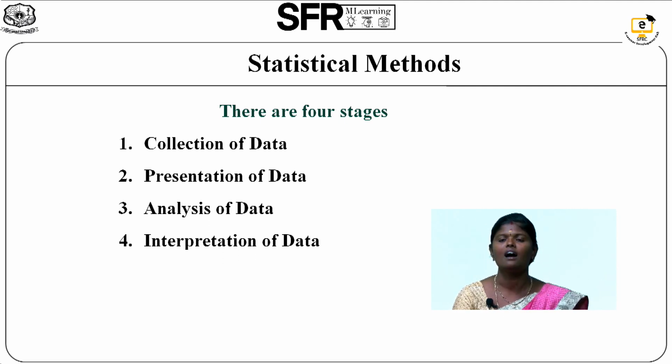So we analyze the data and check whether the data is adequate or not. First, in analysis of data we check if the data is adequate or inadequate. Next, the final step is interpretation of data. This is a very important stage in statistical methods, because only well-known, experienced persons interpret the data.